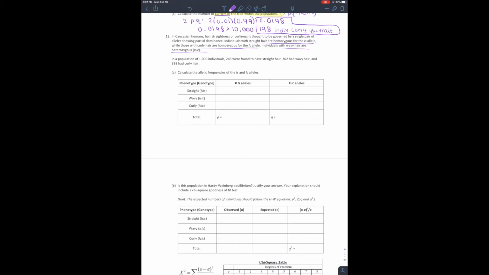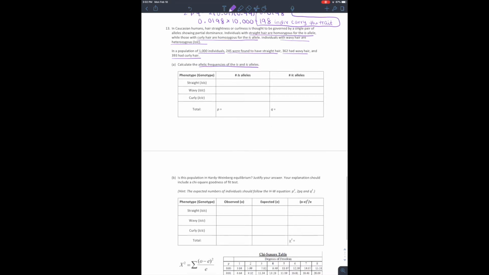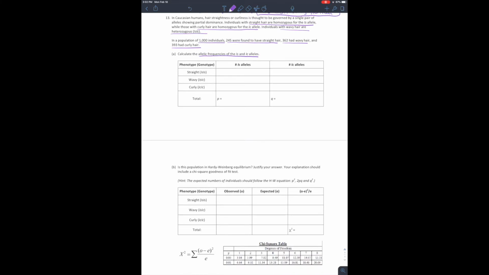In a population of 1,000 individuals, 245 have straight hair, 362 have wavy hair, 393 have curly hair. So what we're going to do is calculate the allelic frequencies of the IS and IC alleles. The straight, the wavy, the curly, and the total.